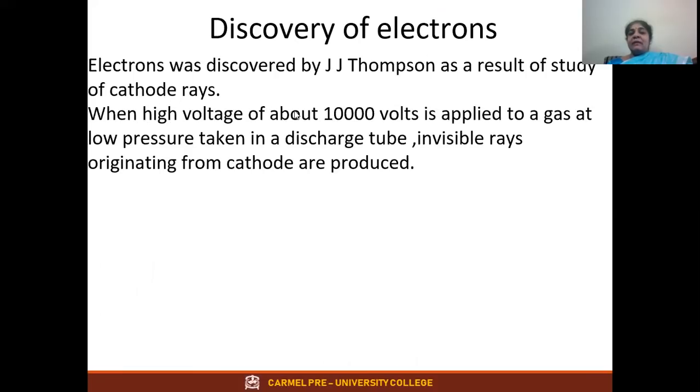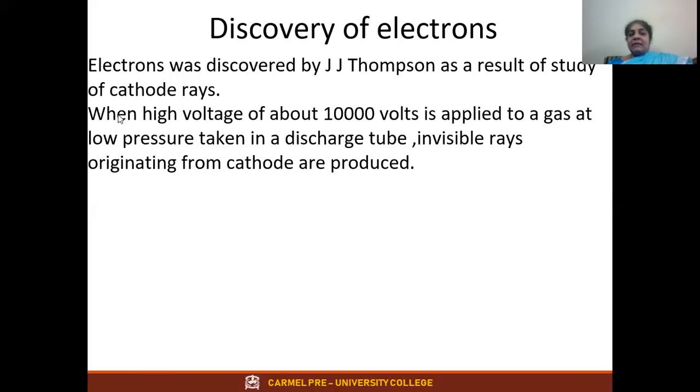When a high voltage of about 10,000 volts is applied to a gas at low pressure taken in a discharge tube, invisible rays originating from the cathode are produced. Now this is the experimental setup.